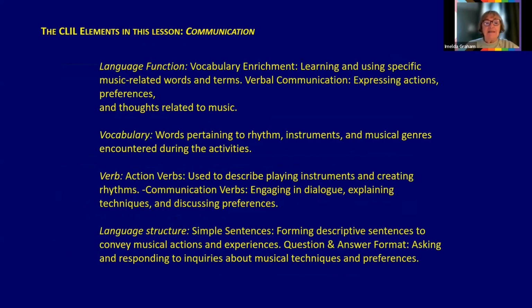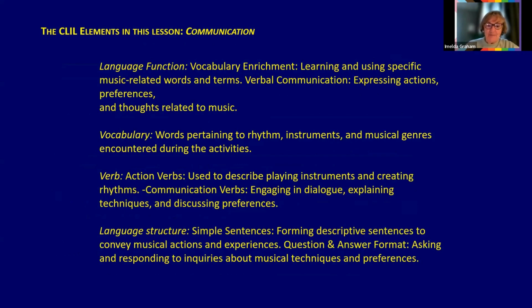And the CLIL element of communication looks at language function, vocabulary enrichment, learning and using specific music-related words and terms, verbal communication, expressing actions and preferences and thoughts related to music. Vocabulary, words pertaining to rhythm, instruments, and musical genres encountered during the activities.